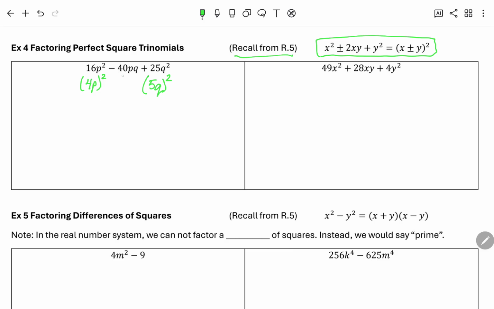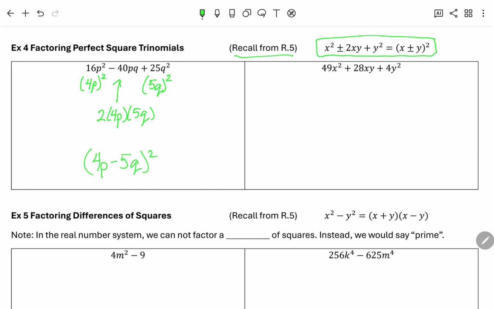And then checking again right here in the middle, it should be 2 times 4p times 5q. So sure enough, that's going to give us 8 times 5, which is 40pq. So when I see this, I say this is a perfect square trinomial. And I know that a perfect square trinomial is going to factor into 4p minus 5q quantity squared.